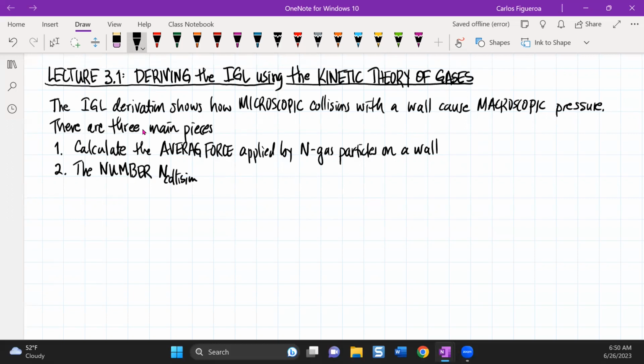The number n collisions of colliding gas particles with a wall.